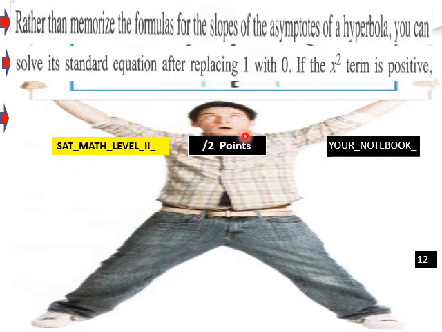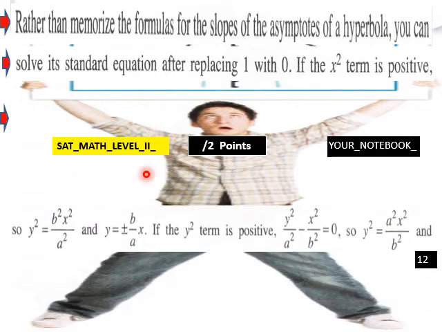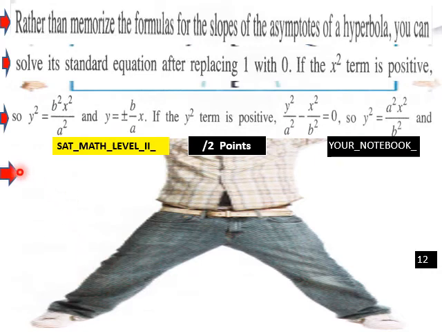If the y squared term is positive, in this case y squared over a squared minus x squared over b squared equals 0, so y squared will equal a squared x squared over b squared, and then y equals plus or minus a over b x. This is just another way of looking at these relationships, kind of like an extension of the standard lessons about hyperbolas.